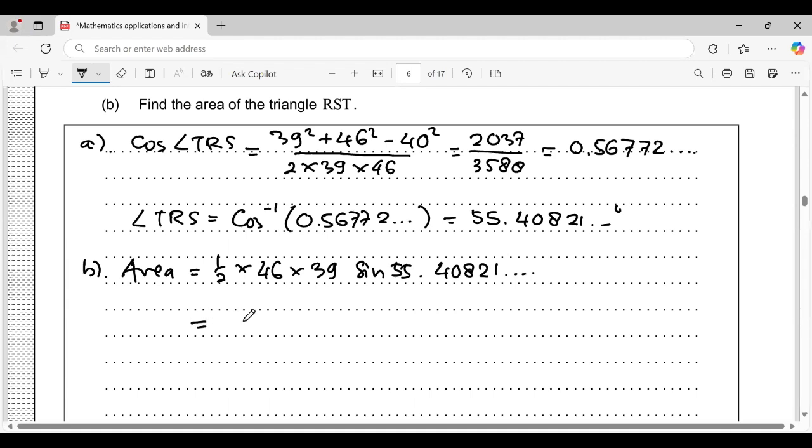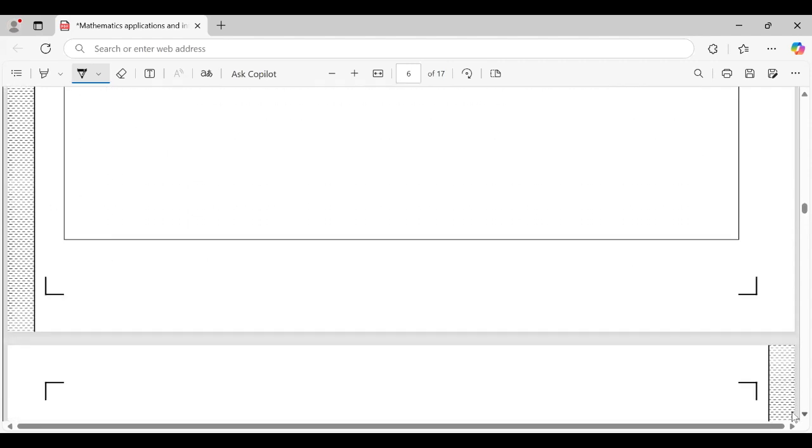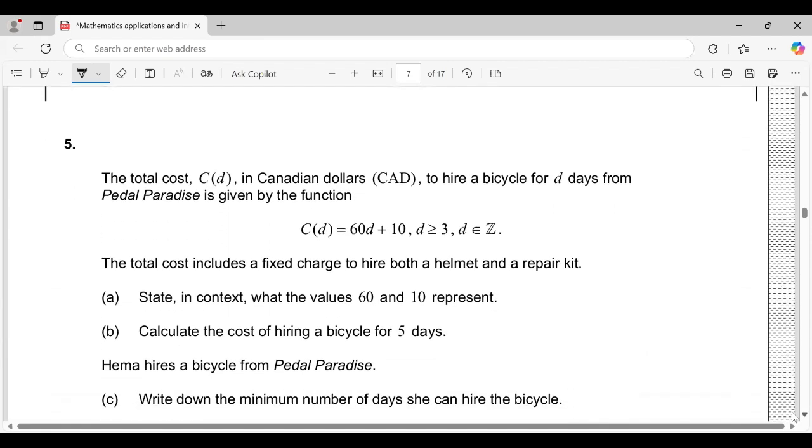If you calculate, the result is 738.426. Rounded off, 738 centimeters squared. That is number 4. Next, number 5. The total cost C(D) in Canadian dollars (CAD) to hire a bicycle for D days from Pedal Paradise is given by this function.